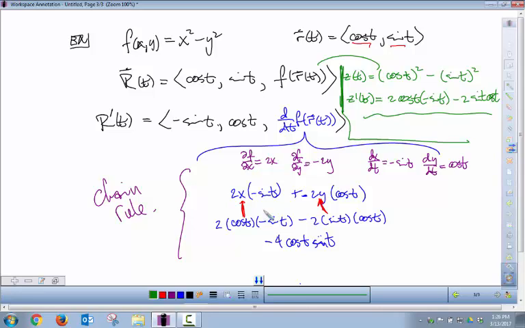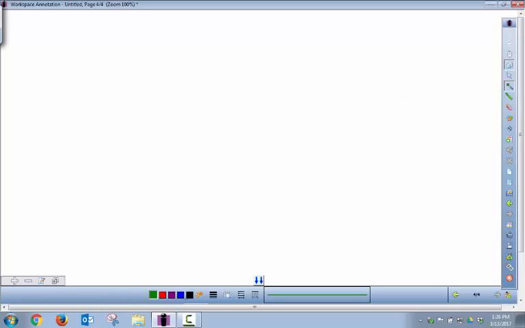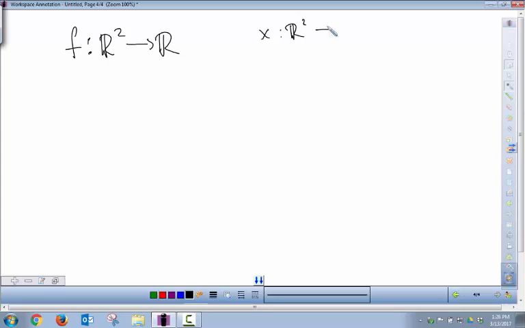All right. So let's step it up with a chain rule a little bit. So let's start with an f function again. And then let's say x and y now are not regular functions. Instead, maybe they're functions of two variables.